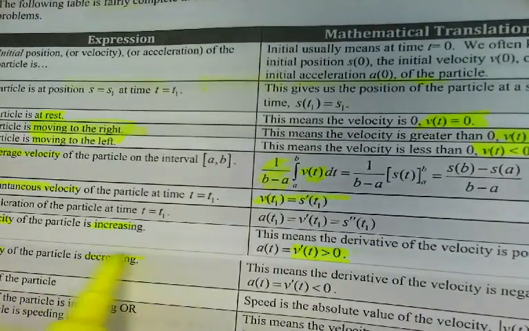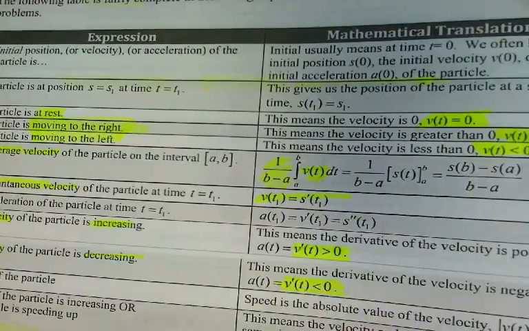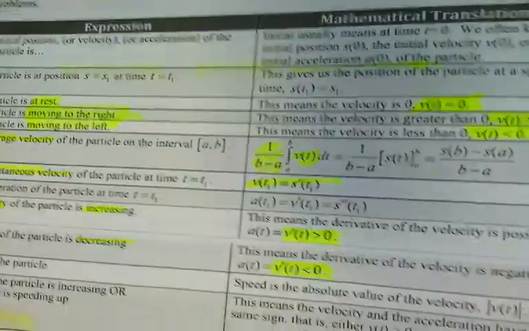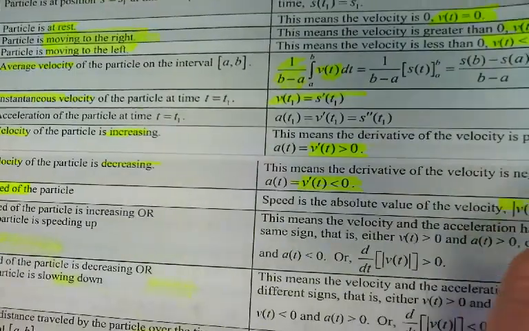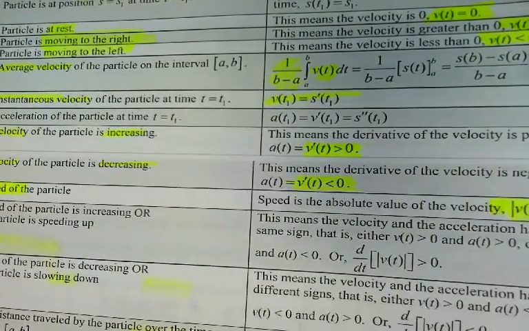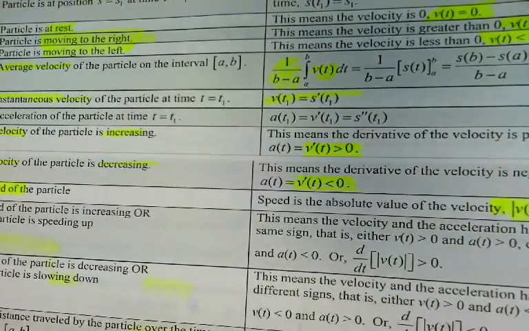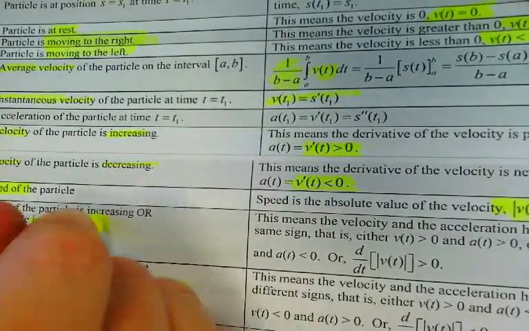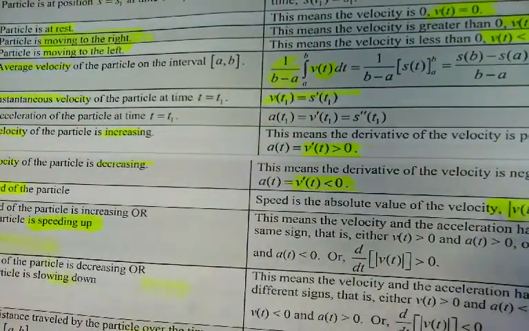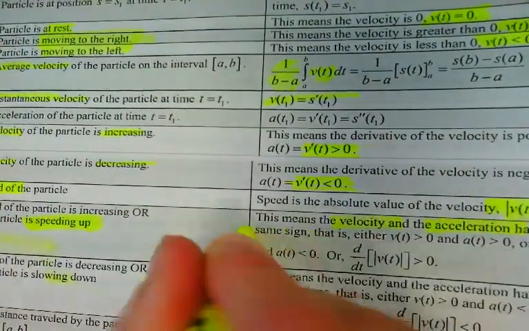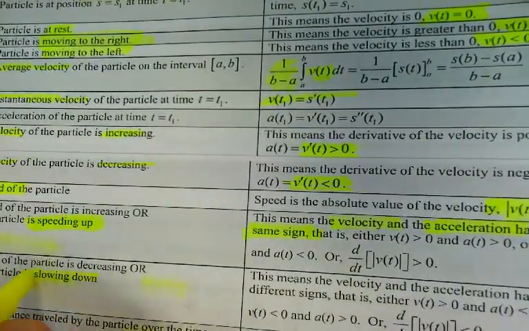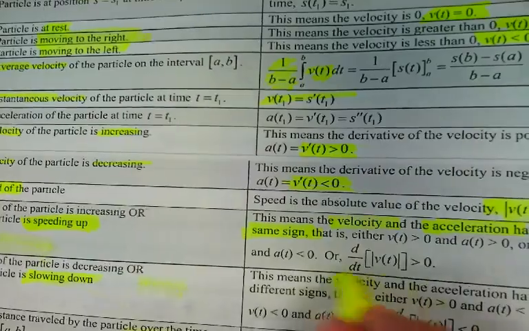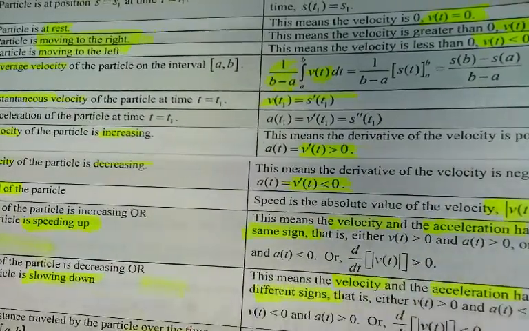Velocity is decreasing. I'm looking at the derivative of velocity again. It would be less than 0. Other key one, speed. That's going to be asked a lot. We just went over that, absolute value of velocity. Speeding up is when we compare velocity and acceleration have the same sign. We're just going to pull those out. Velocity and acceleration have the same sign. Slowing down. Velocity, acceleration have different signs.